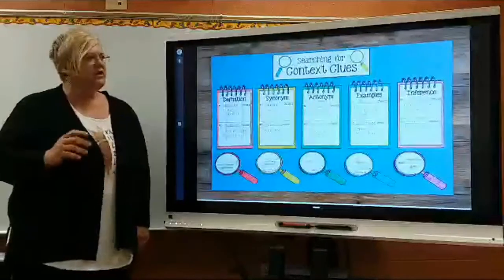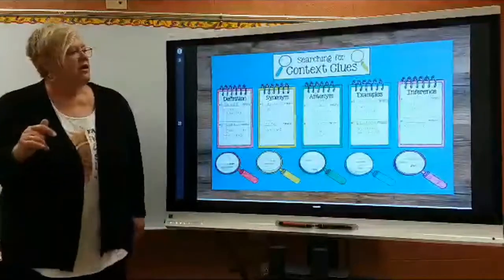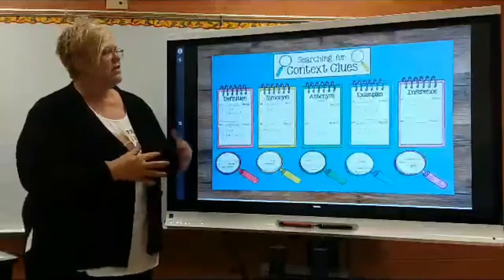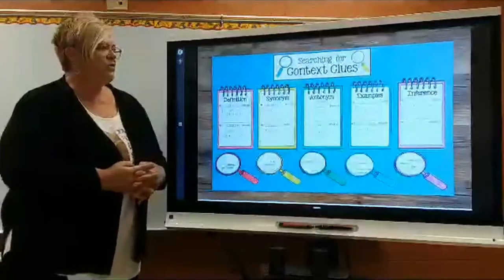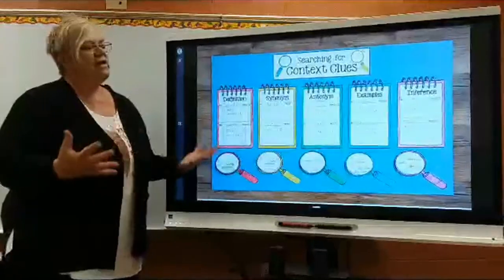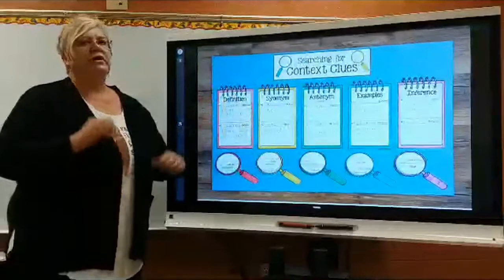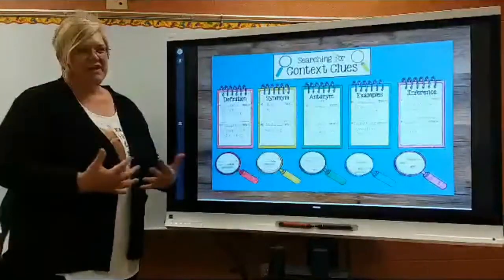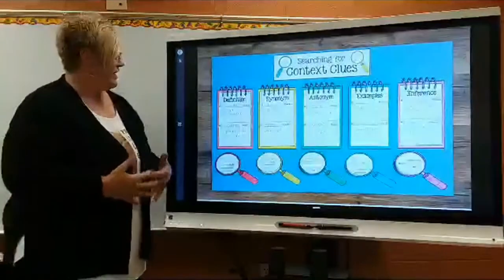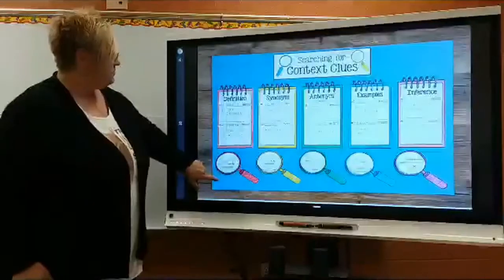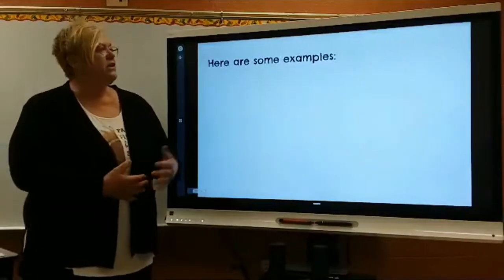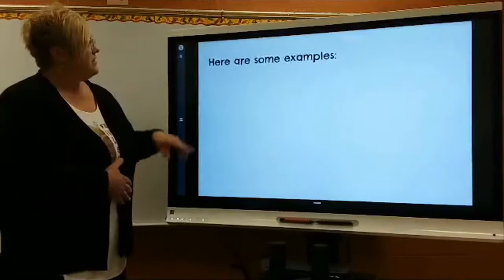Looking for examples within a text will also help us understand more of what we are reading, and then making some inferences based on what the word is. So again, we're looking before, we're looking after, we're looking into the actual passage where the word is that we do not understand. So I have some examples here today that we're going to use as a group.